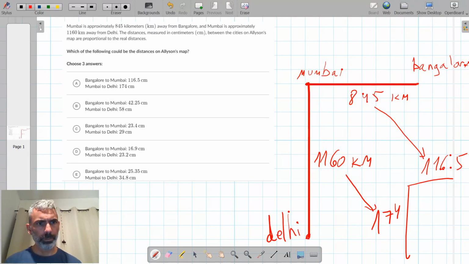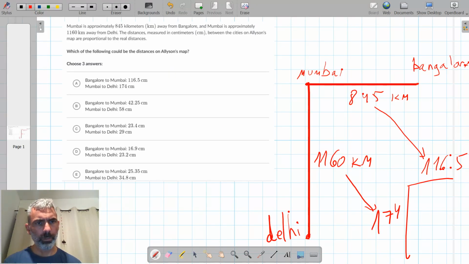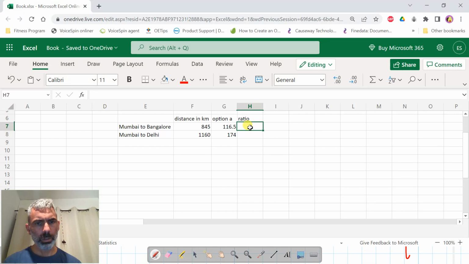So for option A, we have 116.5 and 174. So the ratio here, scale factor: I divide 845 divided by 116.5.